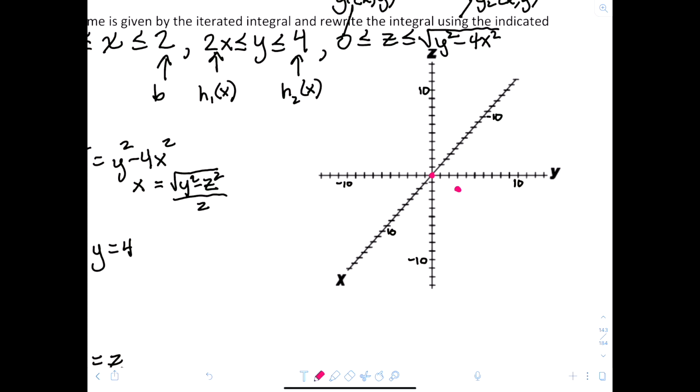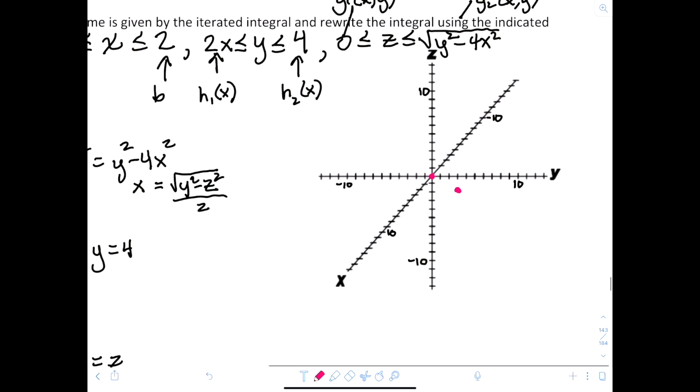And so this should be the line y equals 2x. Cool so far? You're also going to have this line, y is equal to 4.